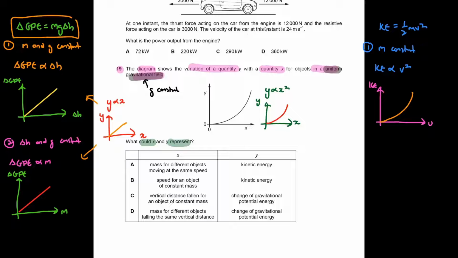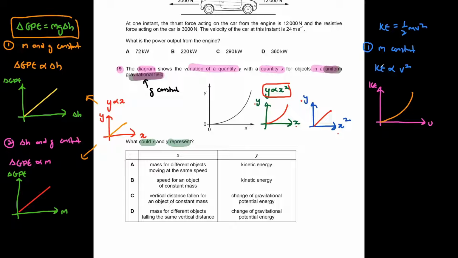But if you were to plot a graph of, say, y versus x squared, it will be a straight line graph through the origin. Okay, so this is something that you would have learned from maths also. If something is proportional to something squared, plotting that quantity versus that quantity will be a curve. But if you plot that quantity versus that quantity squared, you will get a straight line.